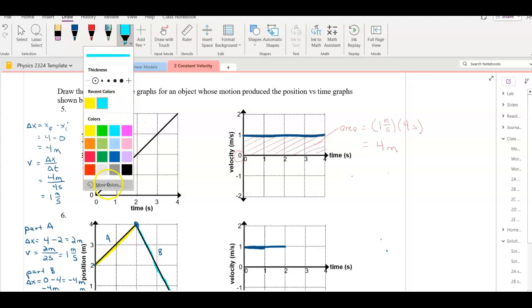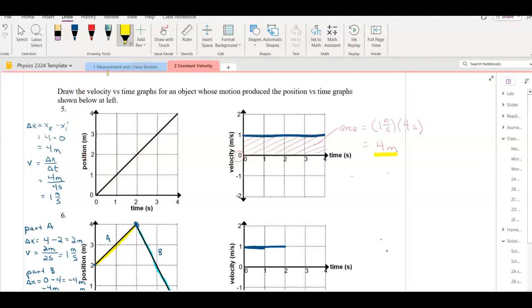So 4 meters, that was the same as the displacement, right, that I found from the position versus time graph, taking final position minus initial position.